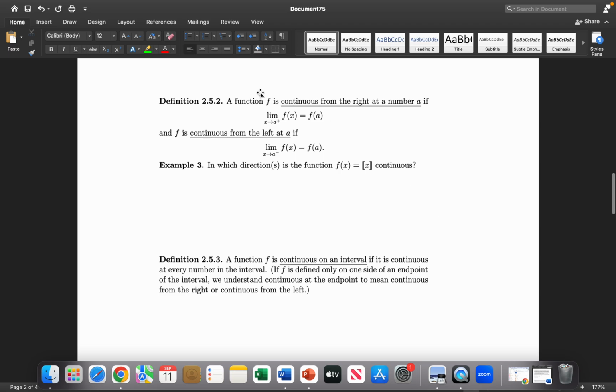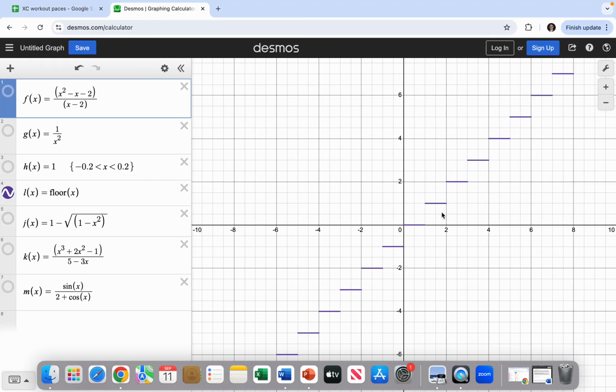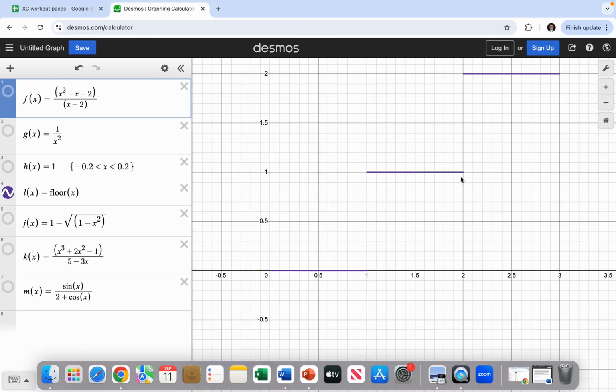Okay, our definition 2.5.2 says a function is continuous from the right at a number a if the limit from the right is equal to f of a. And it's continuous from the left if the left-hand limit is equal to f of a. So in what directions is the function continuous? Well, it's continuous from the right because f of 1 is 1 and the limit from the right is 1. Here f of 0 is 0, the limit from the right is 0.